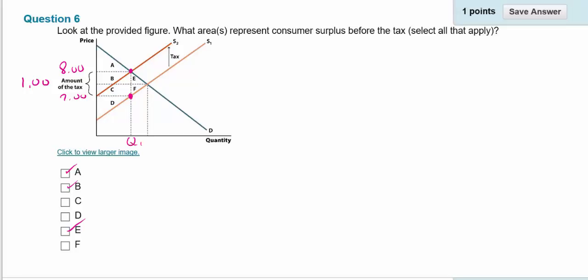All right, so the second supply curve really just details what the tax is doing to the market. Okay, and in order to make it make sense, we go ahead and shift the supply curve to the left, and that demonstrates to us the new equilibrium price and quantity. All right, just be aware that that's not the price that producers are receiving, because $1 of that goes to tax.